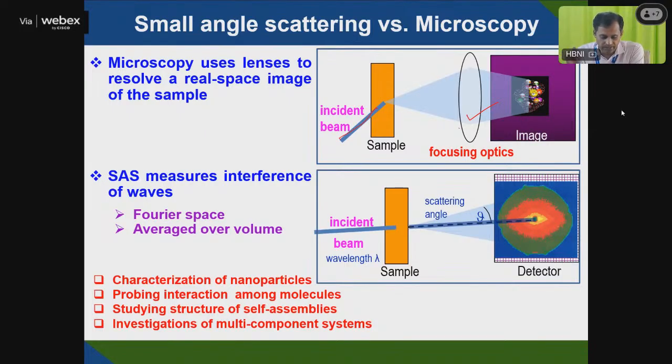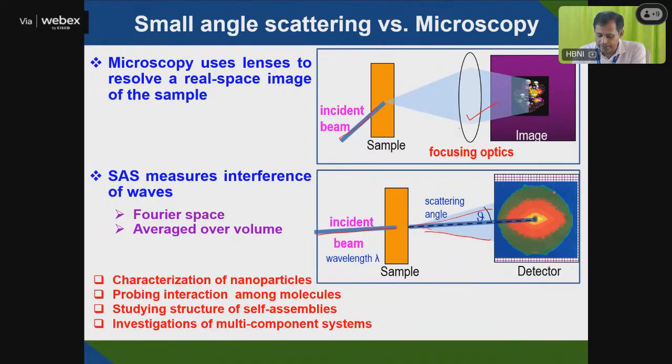But in case of scattering, like small angle scattering, you combine X-ray or neutron, the small angle scattering technique. There you will get an image from the Fourier space. So the incident beam falls on the sample, then it's scattering here.